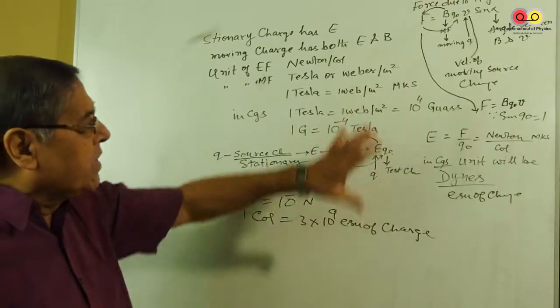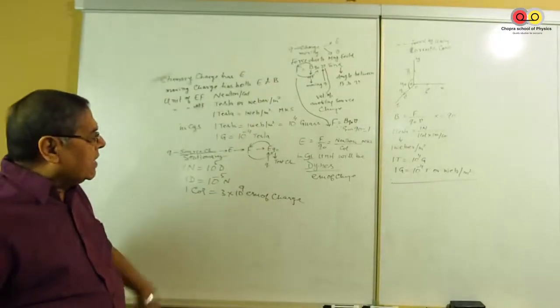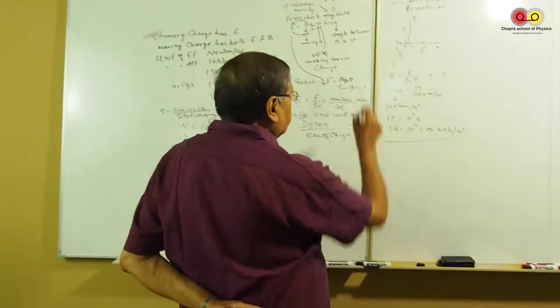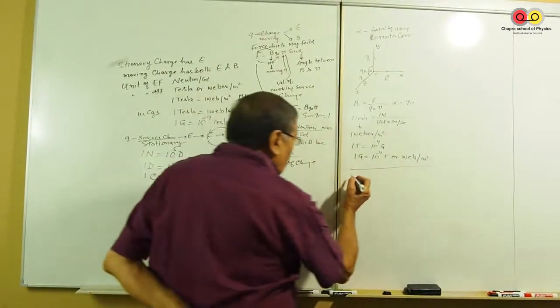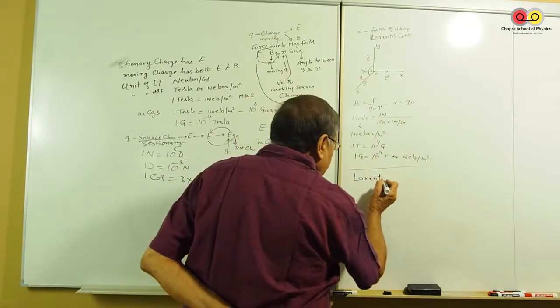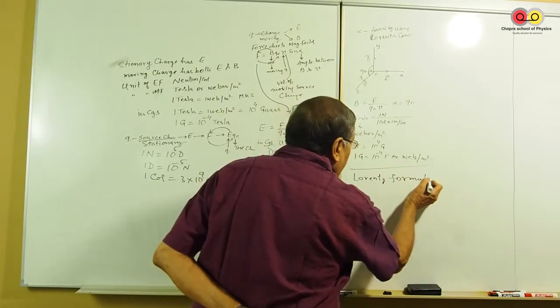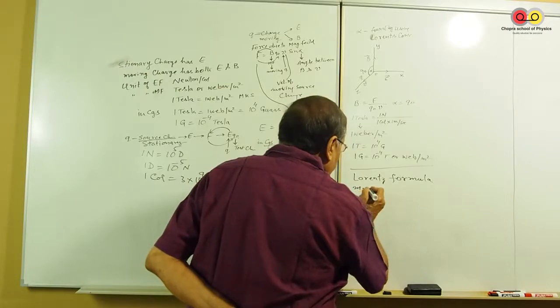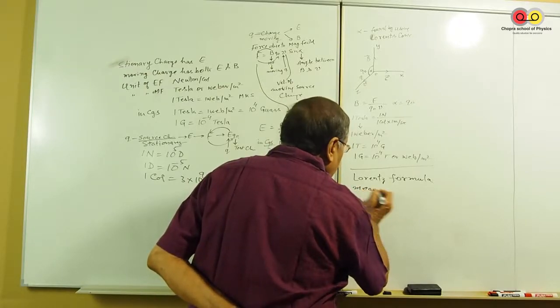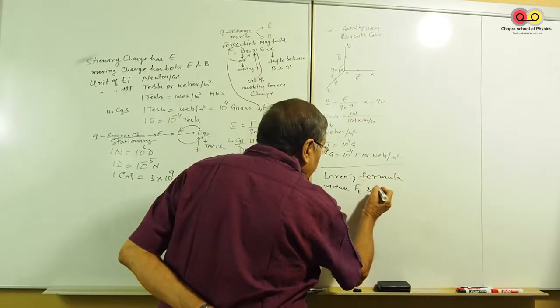That is, we have gone through with the moving charge, stationary charge, their formulas, the Lorentz convention, and these formulas. When we speak Lorentz formula, it means force due to electric field and force due to magnetic field.